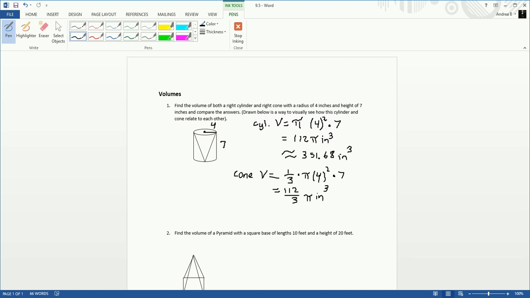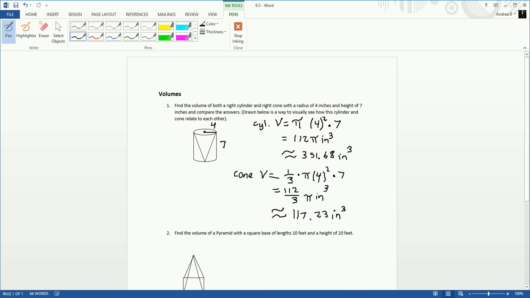In this case, 3 does not go into the 112, so we can't simplify that. Or if you wanted an approximation with pi being equal to 3.14, we would have about 117.23. And once again, it'd be cubic inches.